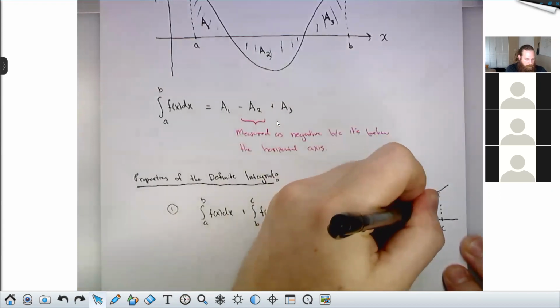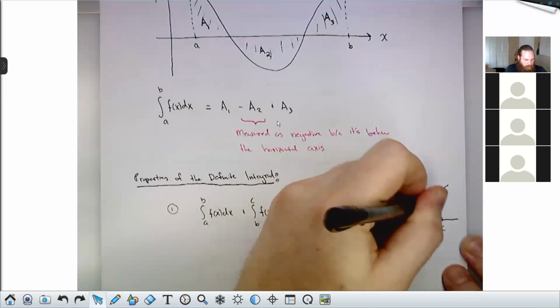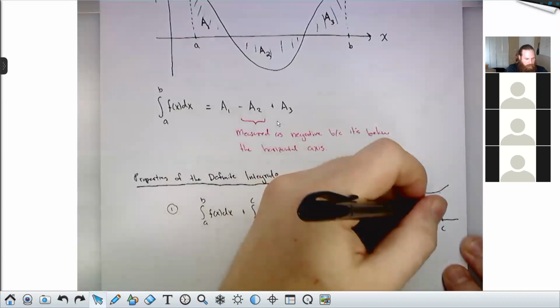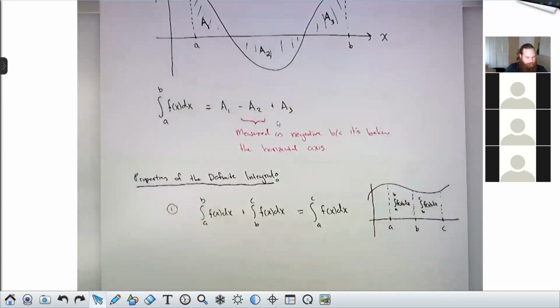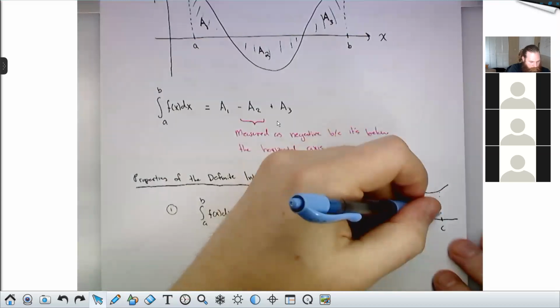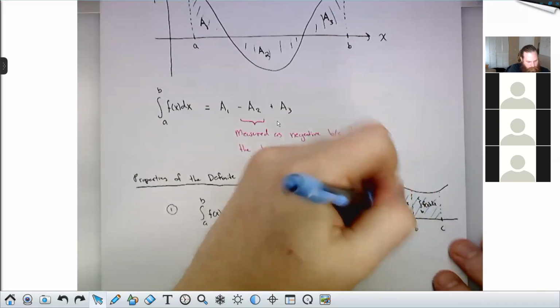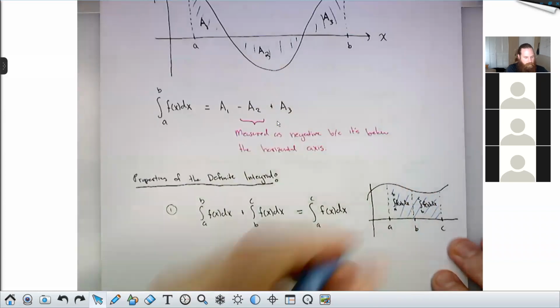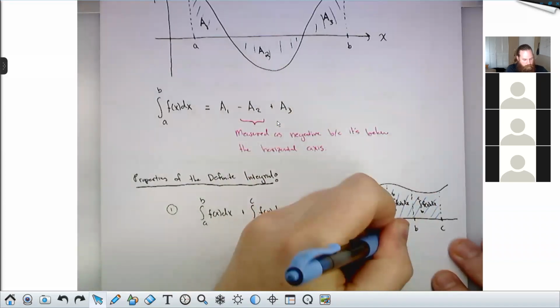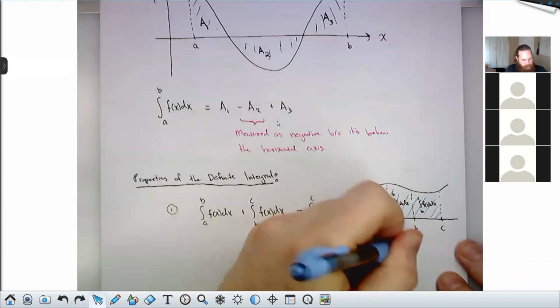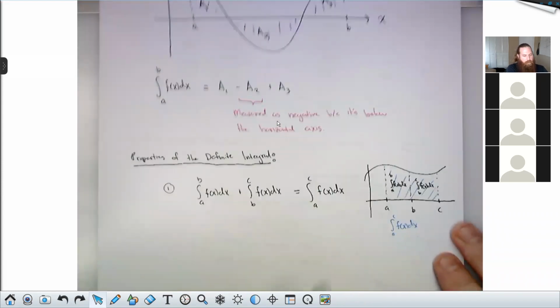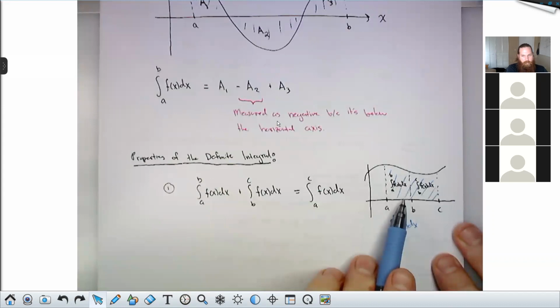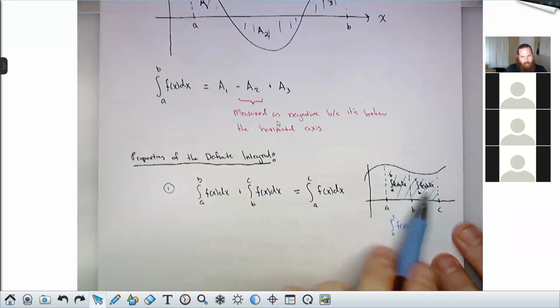This is the integral from b to c of f of x dx. And all of it together is the integral from a to c of f of x dx. So if you integrate from a to b, that gives you this first area. If you integrate from b to c, that gives you this second area. So of course that's the same as the integral from a to c, which is all the blue area.